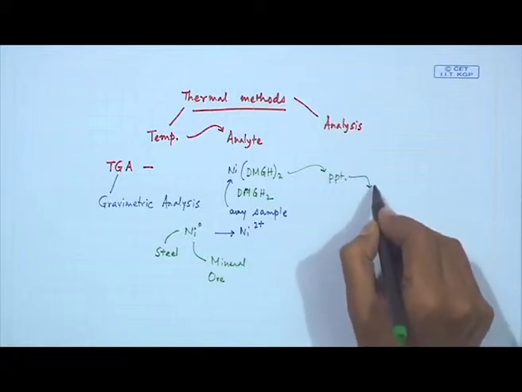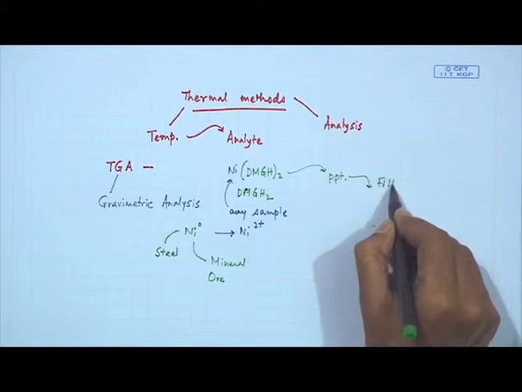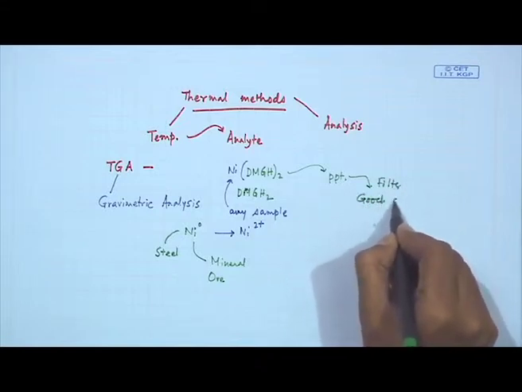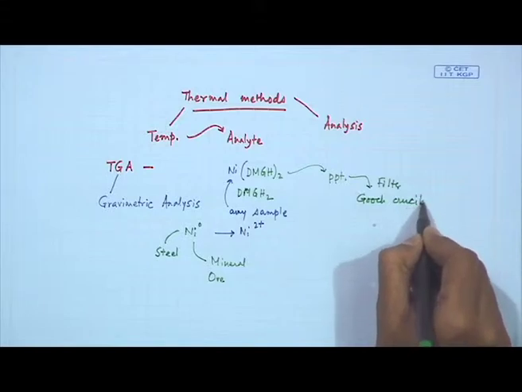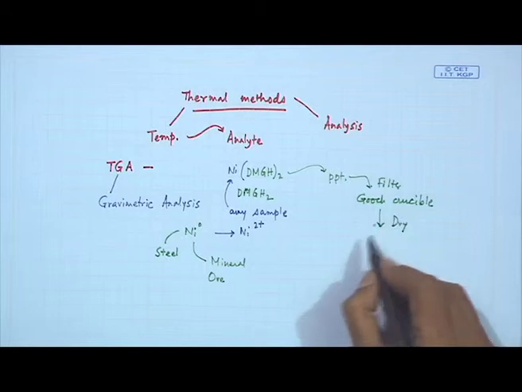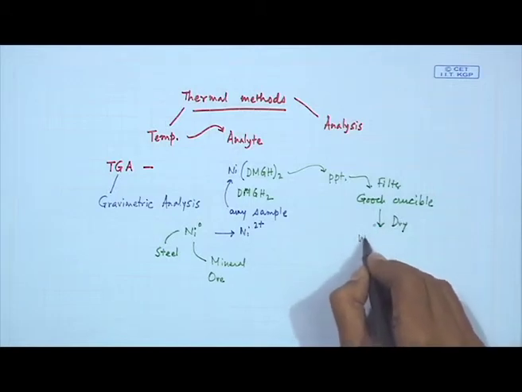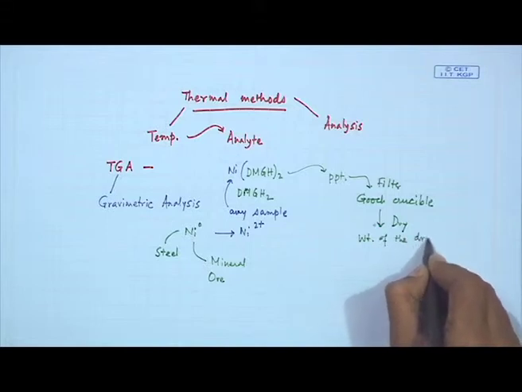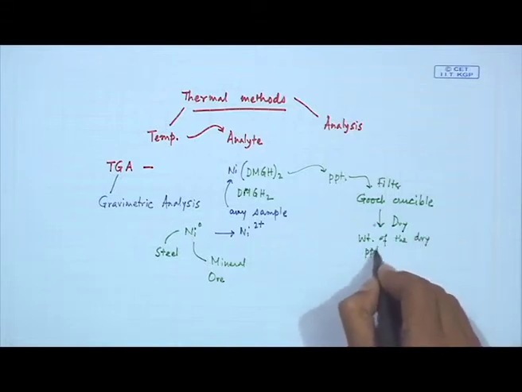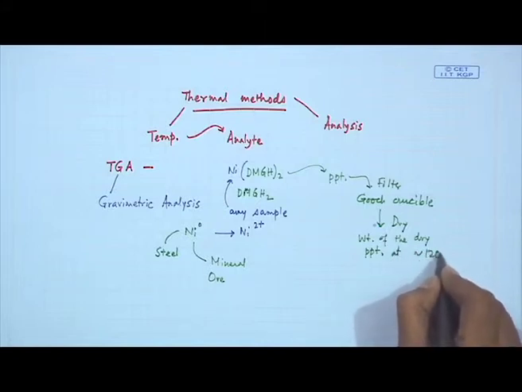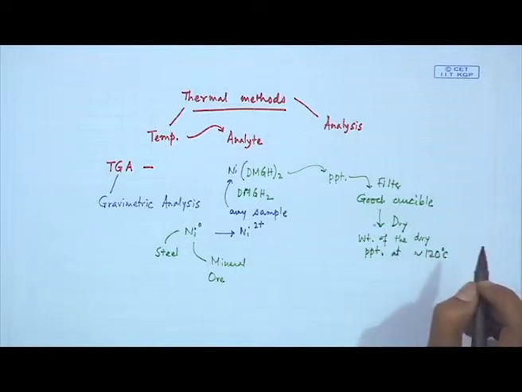We filter it out on a Gooch crucible, and then we dry it to take the weight of the dry precipitate at around 120 degree centigrade.